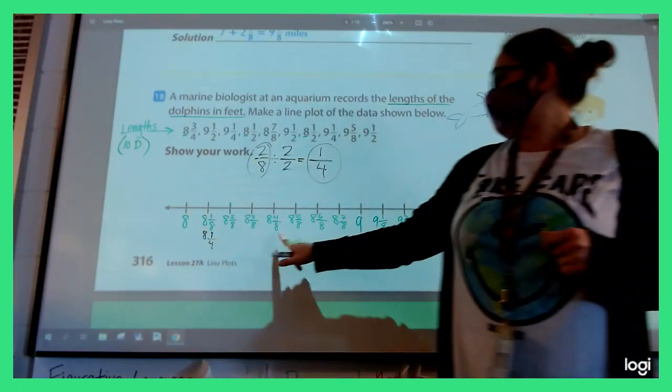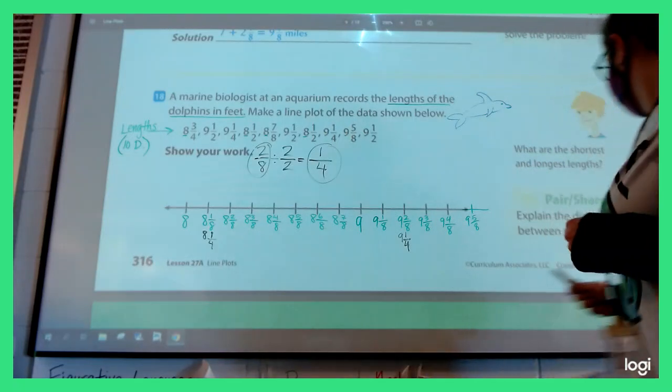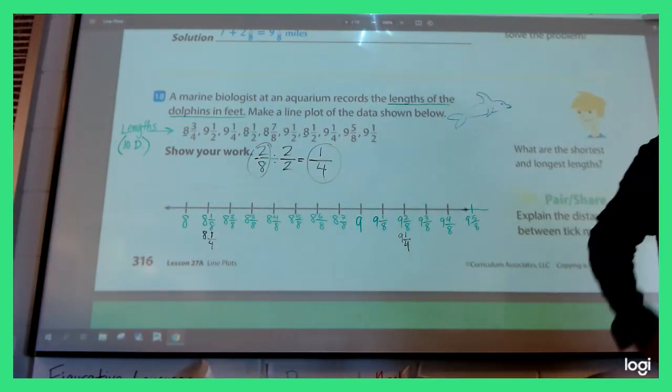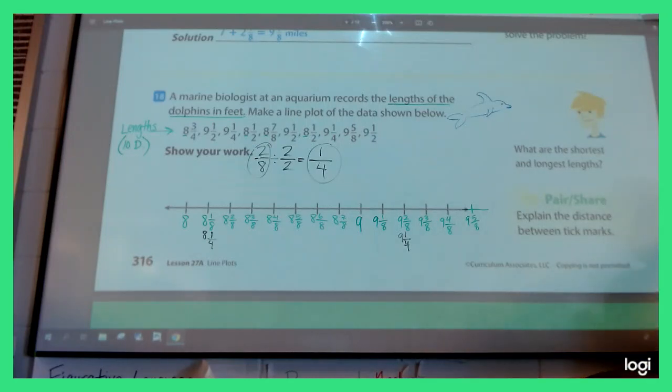Now let's think about the 4/8. If I have 8 and 4/8, how else could I write that? 4/8 is kind of a special fraction. The 4 is half the size of the 8. What does that always mean, Cadence? It's a half. If you don't know that 4/8 is the same as 1/2, you need to just think a minute. If I have 4 out of 8 things, that is half, right?